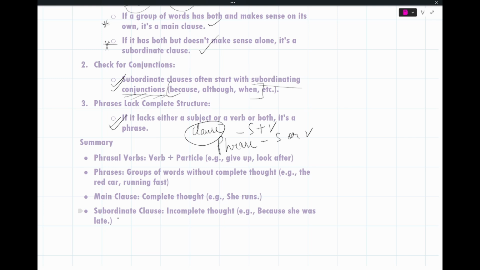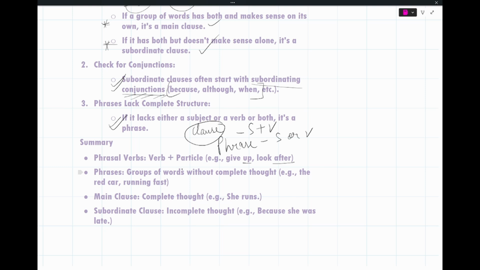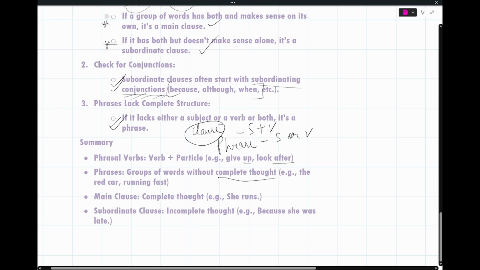Then the summary is just the major points we discussed. We discussed phrasal verbs, which are verb plus particle. This particle can be like up, after, right? And then you are linking it with a verb. So that is a phrasal verb. Then phrases, which are groups of words without a complete thought, and they only contain either a subject or a verb or none of them.